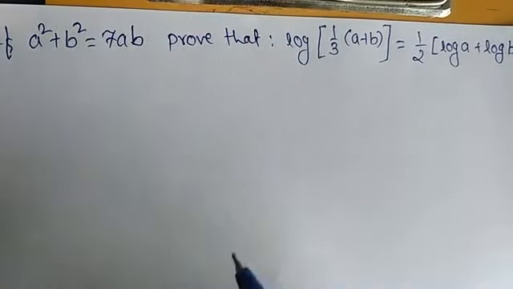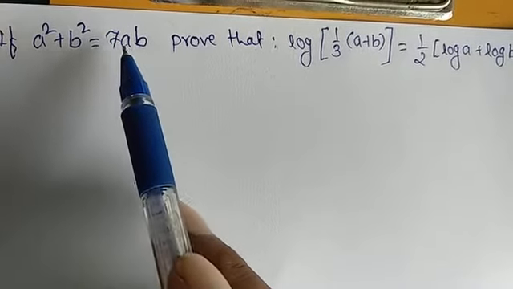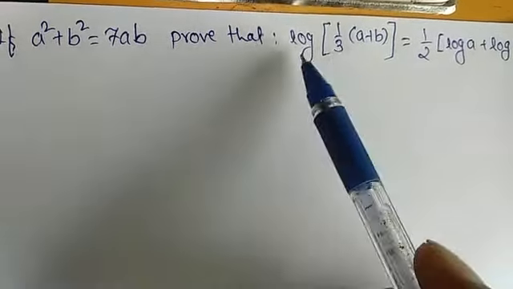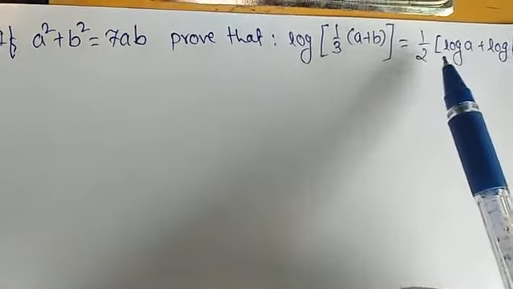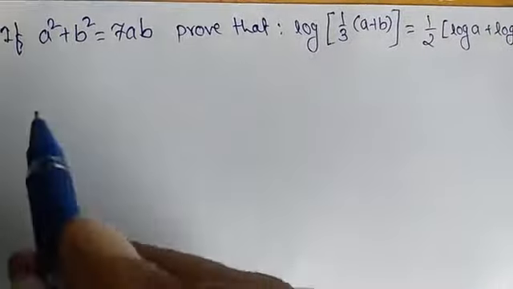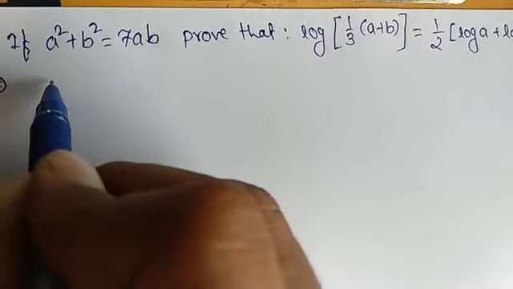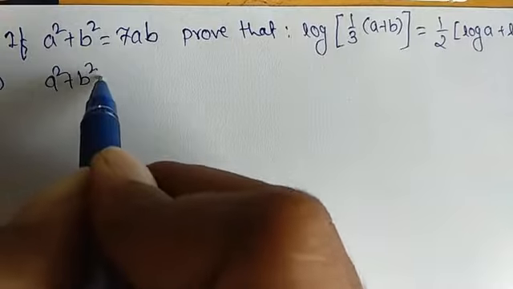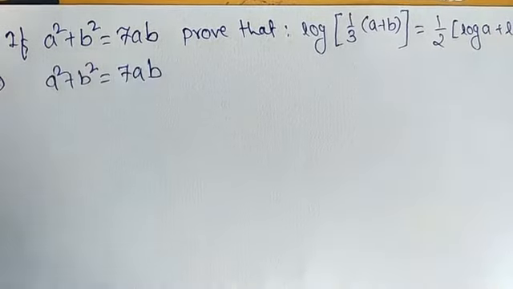Okay, next example is, if a square plus b square is equal to 7ab, we have to prove that log of (1 upon 3)(a plus b) is equal to 1/2 log of a plus log of b. So here the given part is a square plus b square is equal to 7ab, which is our given.